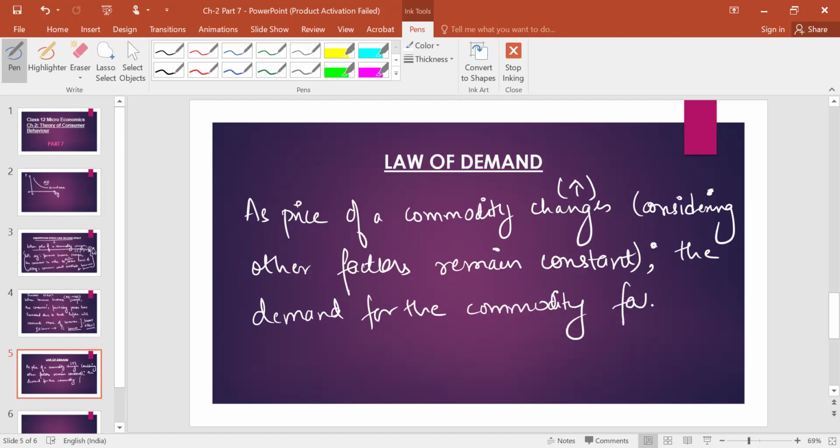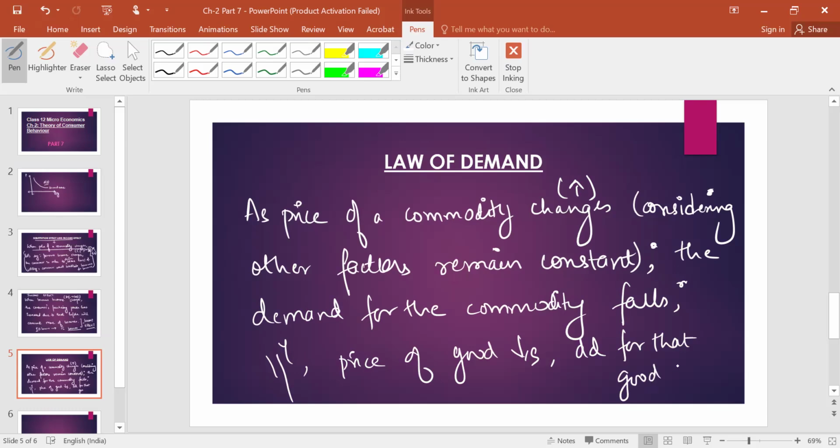And similarly, I'm just using a short form. Similarly, if the price of the good falls, the demand for that good increases. All right. Now, this is what the law of demand states.